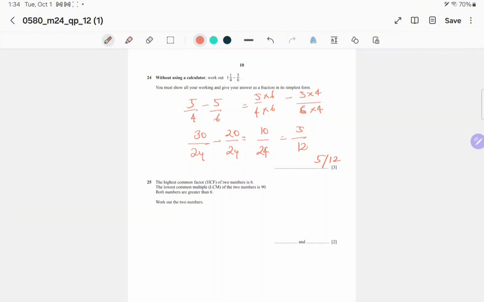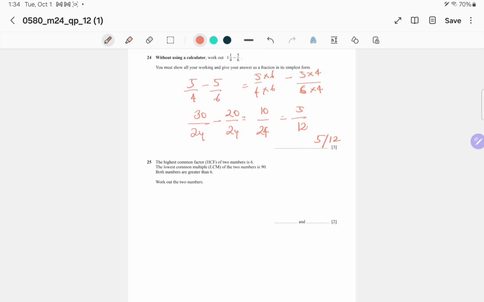So here is a tricky question for this last part. The highest common factor of two numbers is 6 and the lowest common multiple of the two numbers is 90. Both the numbers are greater than 6. We have a formula that we remember: HCF into LCM is equal to the product of the numbers.